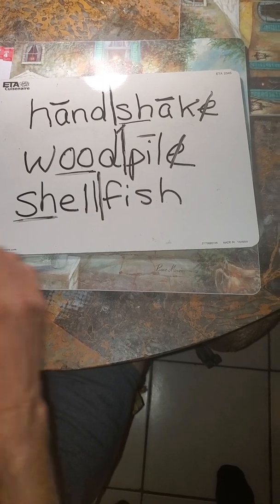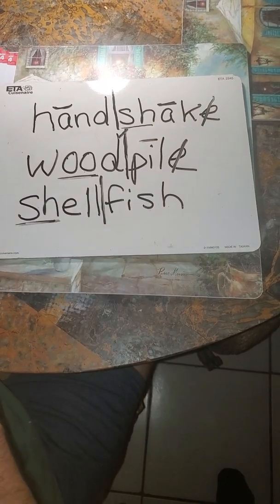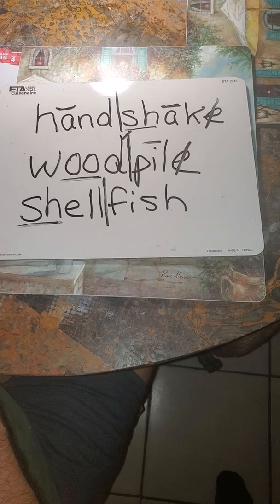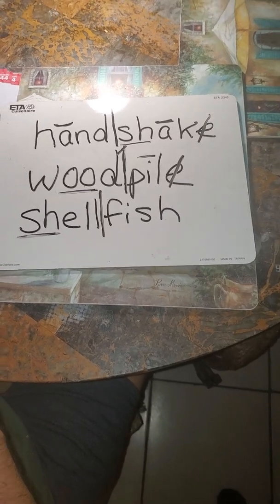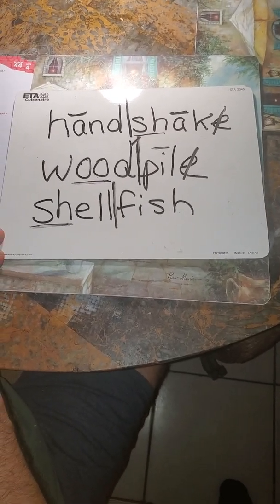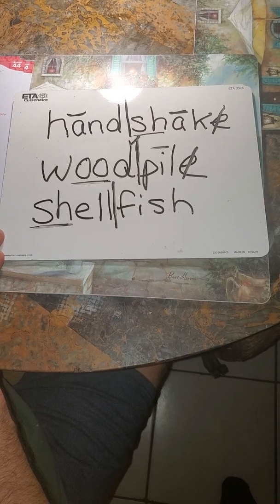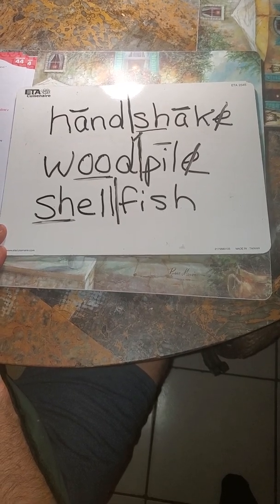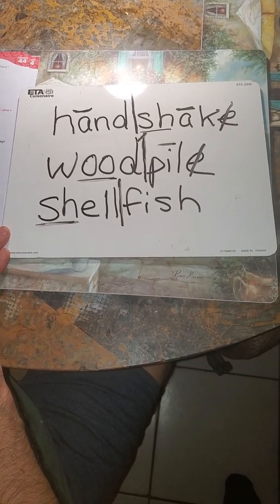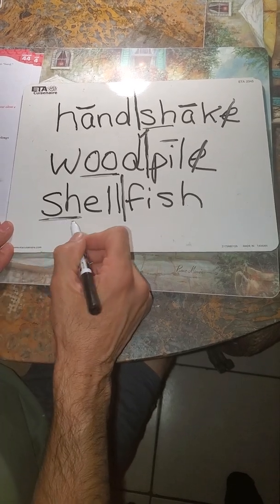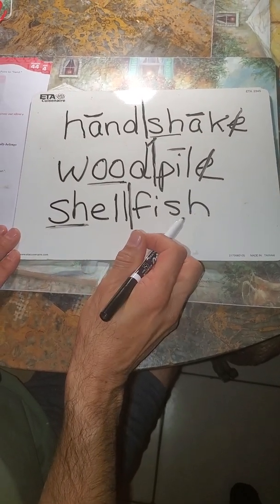Now let's go to the next vowel, which is the E. Can you hear the sound it makes? Eh, she, eh. Does it sound like the letter E in the alphabet? Would it be sheeld fish?